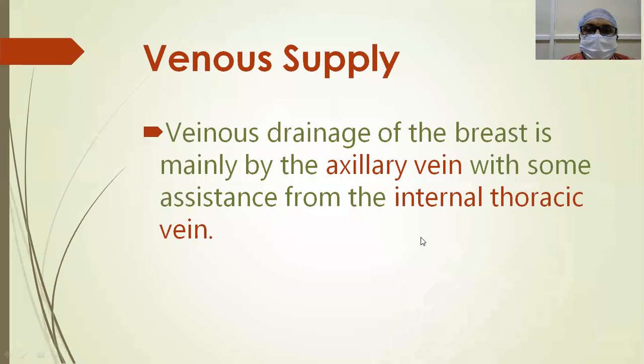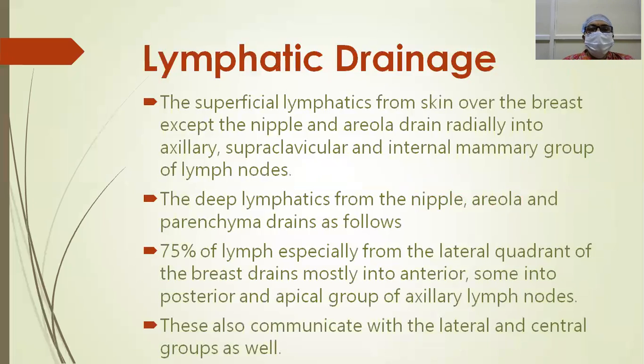This is the venous supply. Venous drainage of the breast is mainly by the axillary vein with some assistance from the internal thoracic vein. How the lymphatic drainage of the breast works is very important.